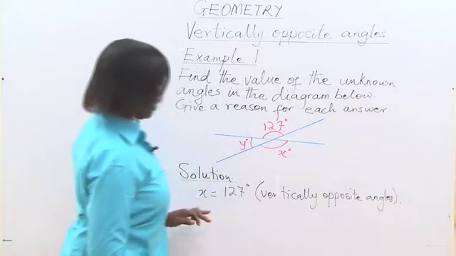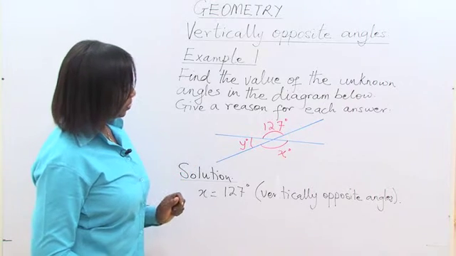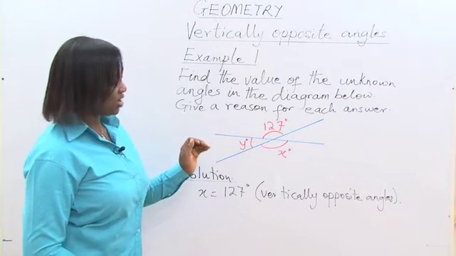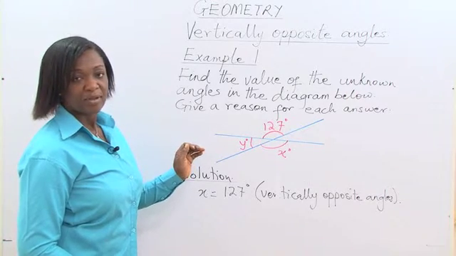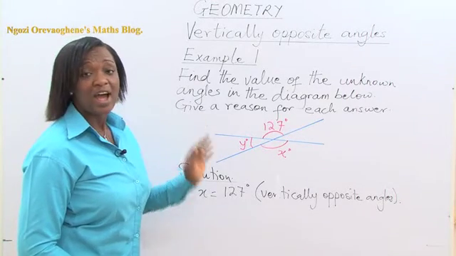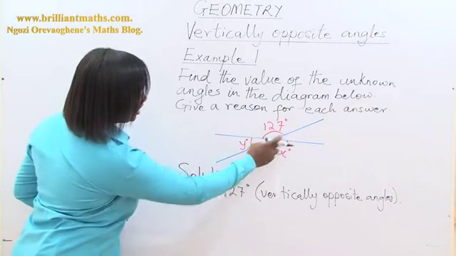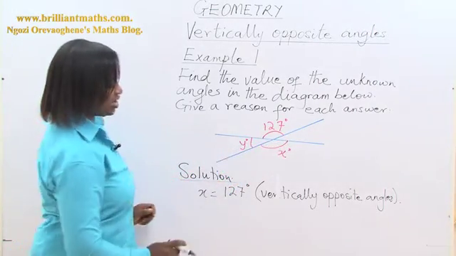Good. For y, let's look out for the straight line. We know that angles on a straight line add up to 180 degrees. So we can say that x plus y is 180 degrees.